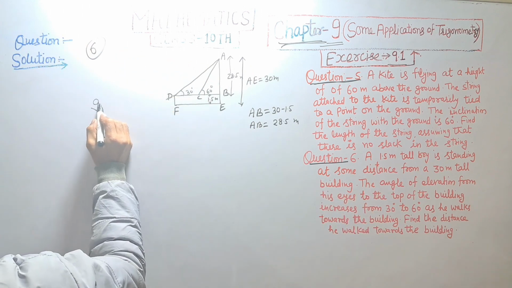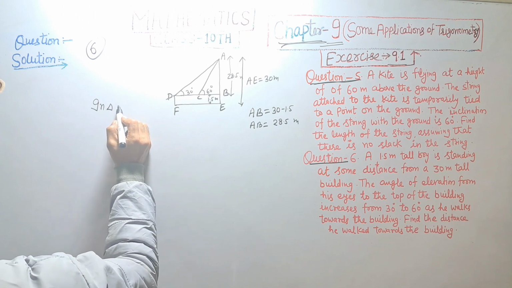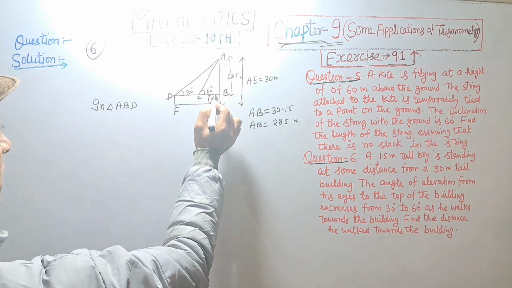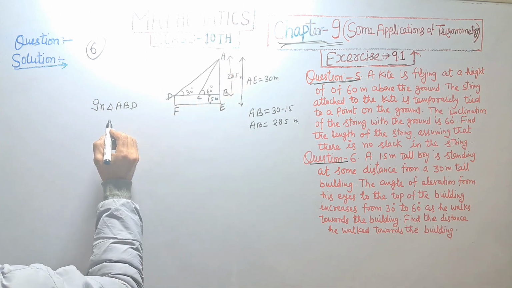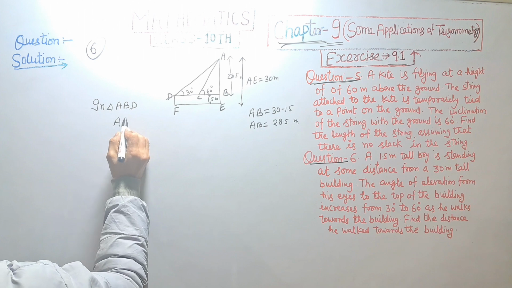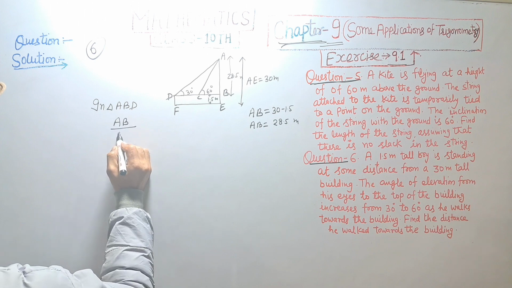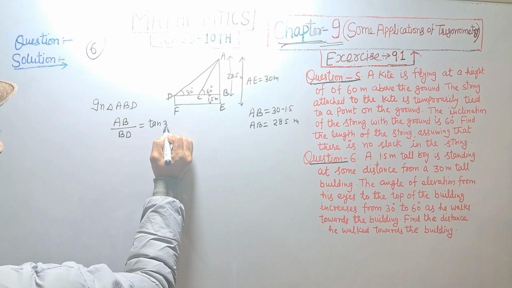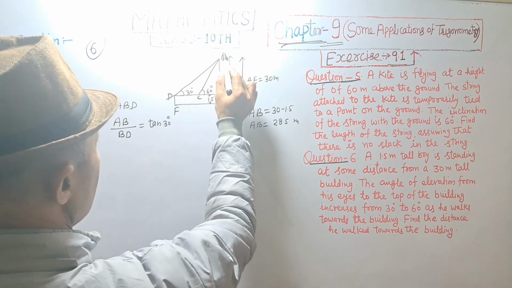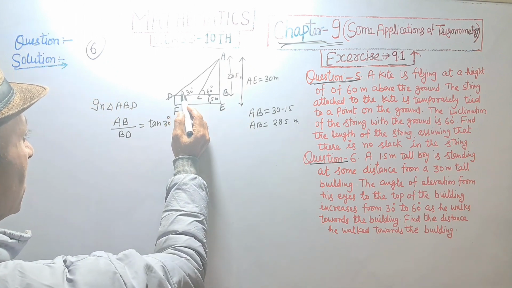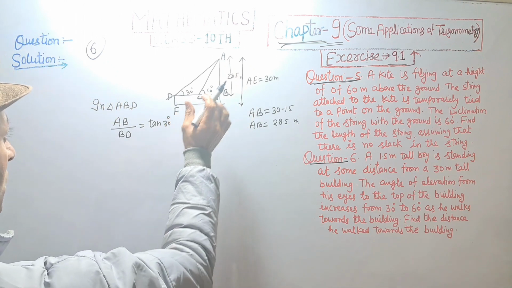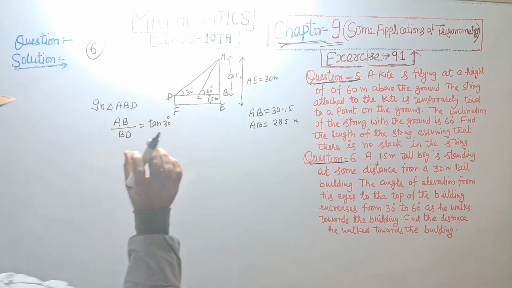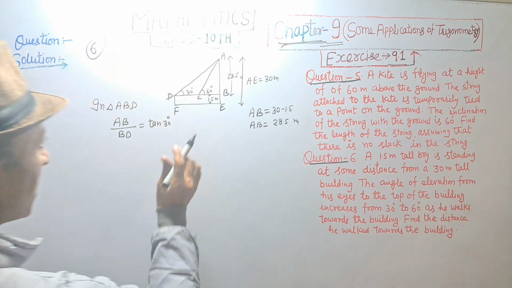In triangle ABD, AB upon BD is equal to tangent 30 degrees. ABD is a triangle in which angle D is 30 degrees. So AB upon BD is equal to tangent theta, tangent 30 degrees.